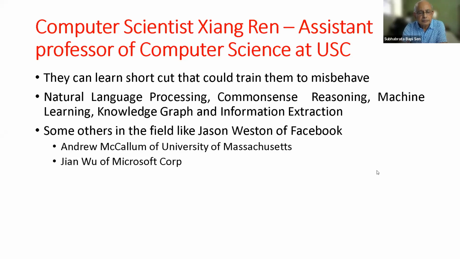Others in the field, like Jason Weston of Facebook, Andrew McCallum of the University of Massachusetts, and Jianfeng Gao of Microsoft Corporation, have thought through these issues, but it is still not in the position that we could think of.